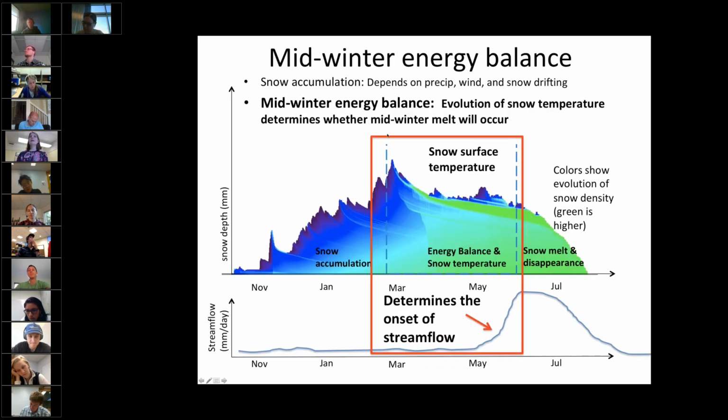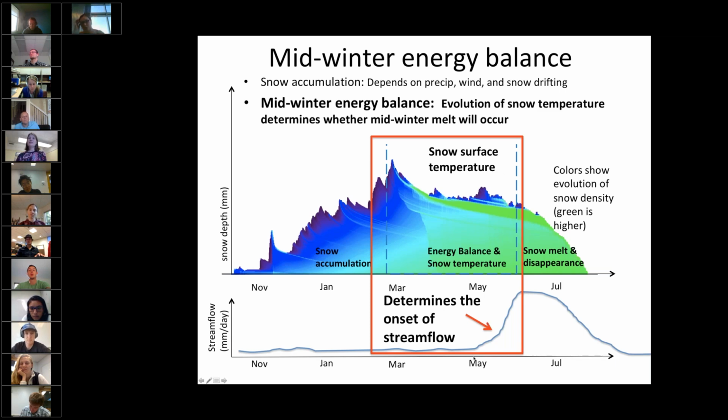So this is when you actually want to worry about your midwinter energy balance. And we'll be really looking at this in the second homework and in modeling, how we modeled this with our model. So our evolution of snow temperature determines whether and when midwinter melt will occur.